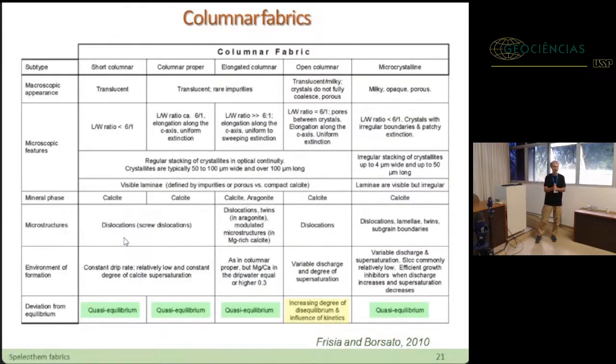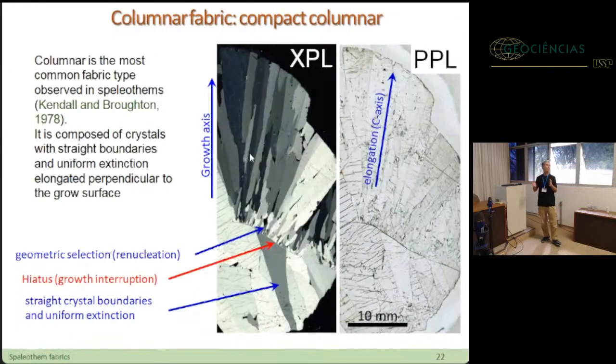So, columnar fabric. This is the most typical and common fabric in speleothems. And we described different types of columnar fabric. You can find this table in our paper 2010, and they are divided depending on the optical properties and on the porosity. So the most typical, the end member equilibrium fabric, is compact columnar.